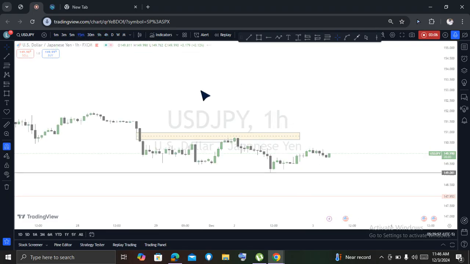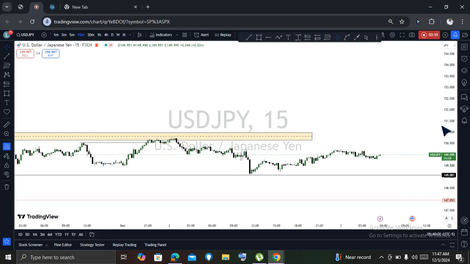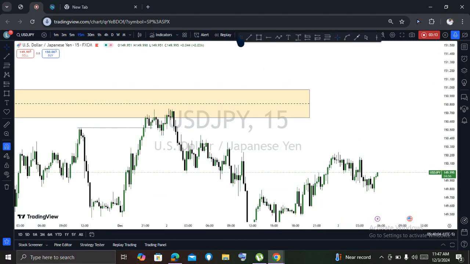So let's dive into the 15 minutes and the lower time frame to see what is really happening. Now we could see that this high has been taken, and we could see in the lower time frame this high too has also been taken.